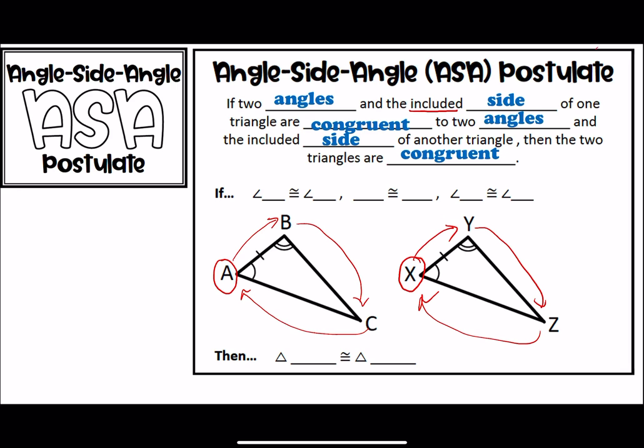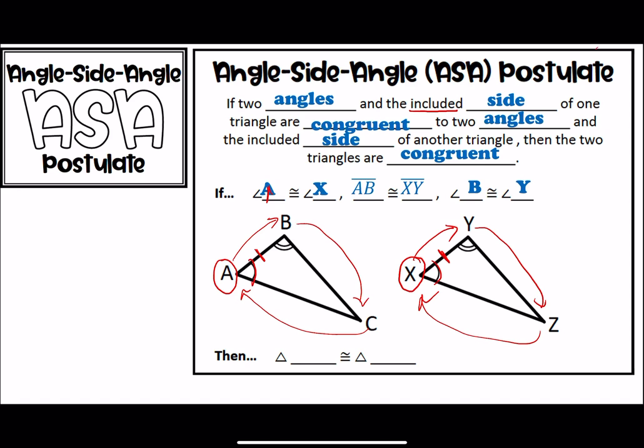All right, and as we do that, we're going to get our angle, which is angle A, and angle X are congruent. Then the side in the middle, it's sandwiched in between those two angles. That's side AB and XY. And lastly, we've got our second set of angles, which is angle B and angle Y, and those are congruent.